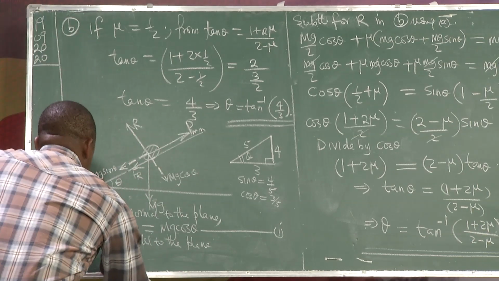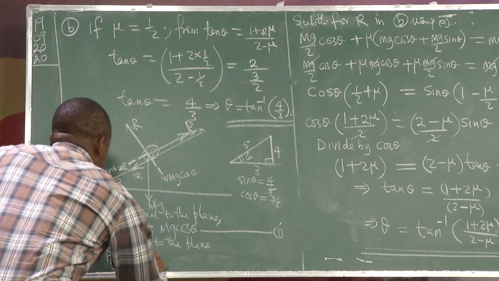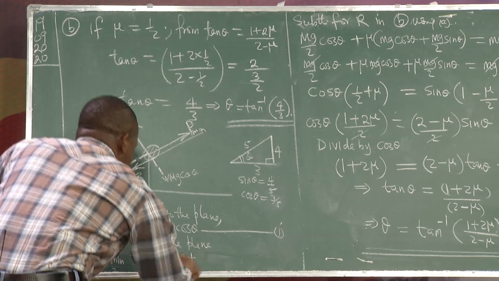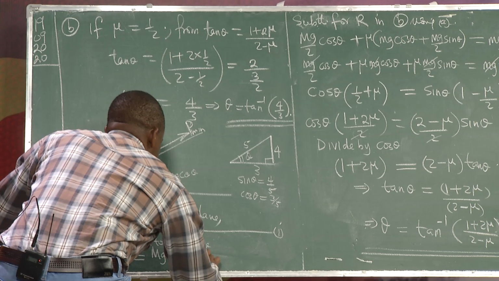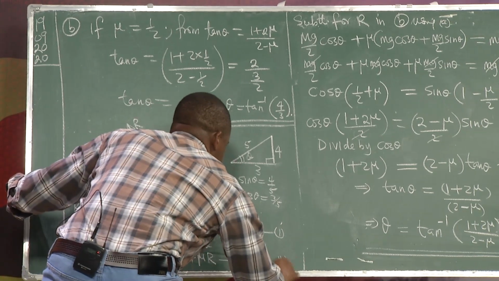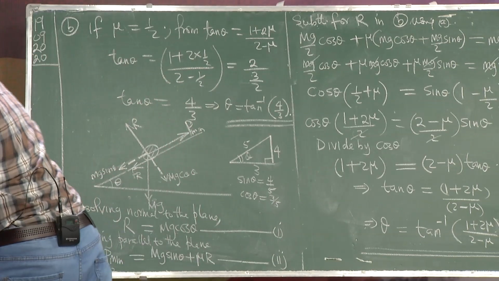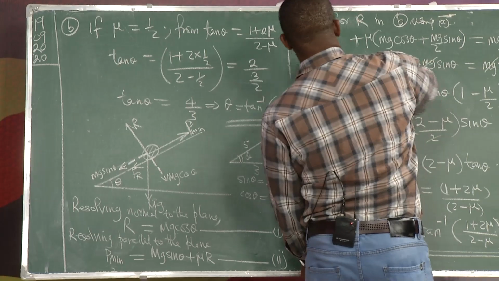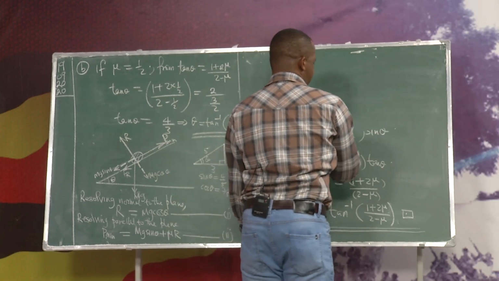So P minimum, which we are looking for, will be equal to mg sine theta plus the frictional force, which is mu times R. So we will solve these two expressions to look for the value of P minimum.